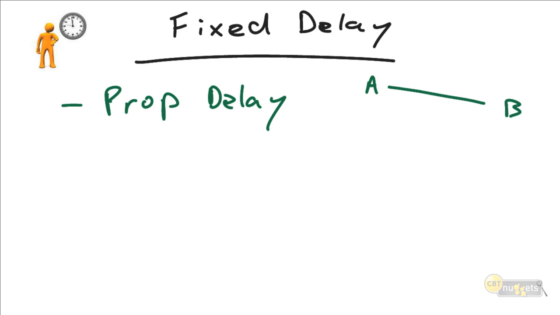After all, there is going to be some delay as the data signal travels from point A to point B. Maybe it's 6 milliseconds per kilometer. It's going to be measurable in your network, and notice there's absolutely nothing you can do about this particular fixed delay component. It is what it is, as a wise man once said.